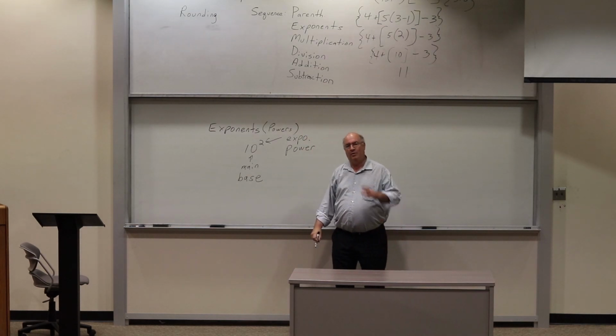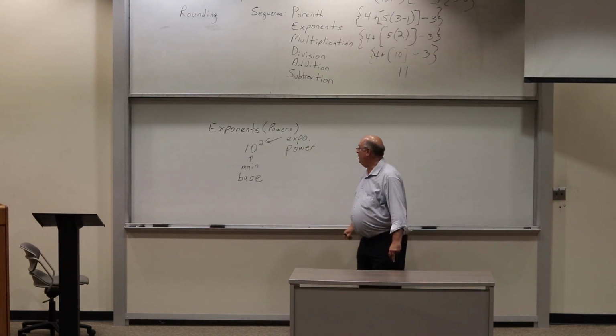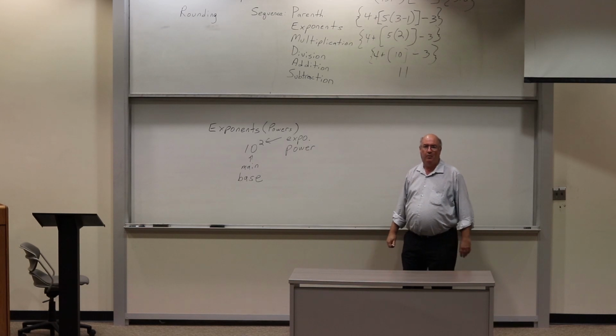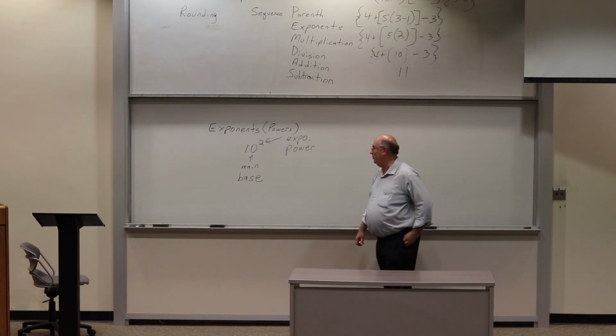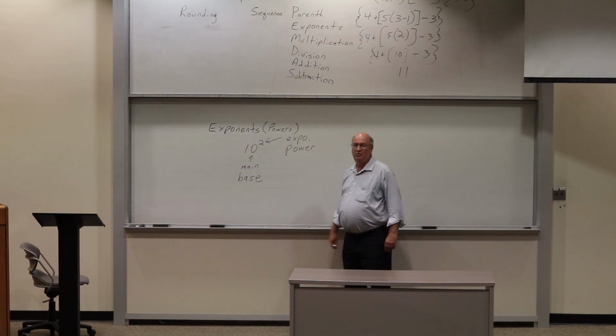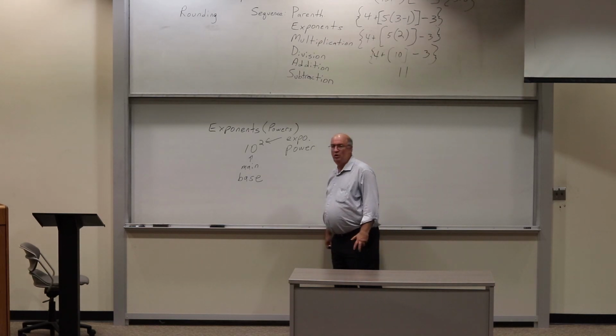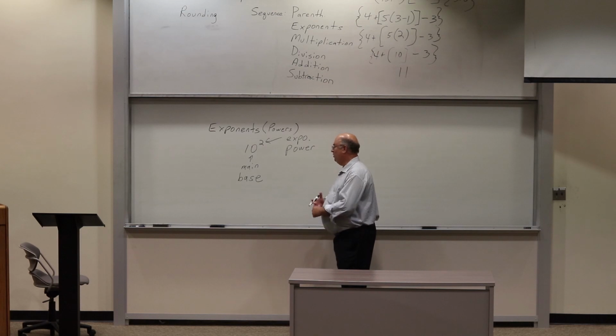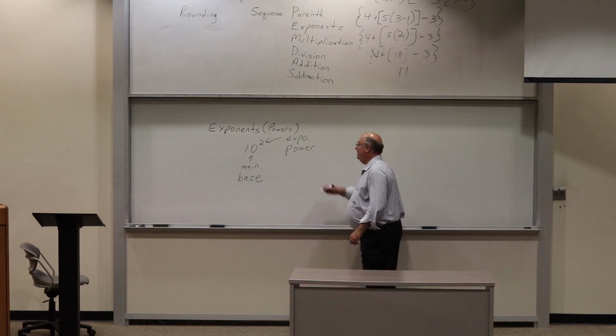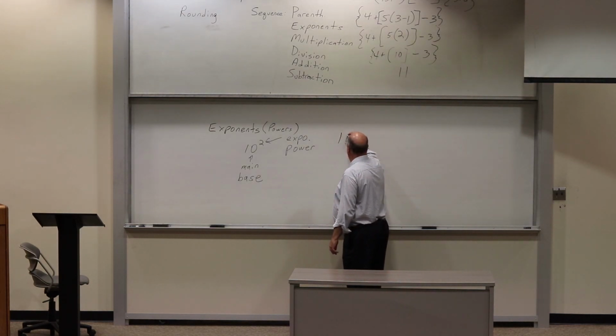That's the main number. The number up on the right is the exponent or power. You can call it either one, they're interchangeable. Base is usually used for the number that's shown as larger.